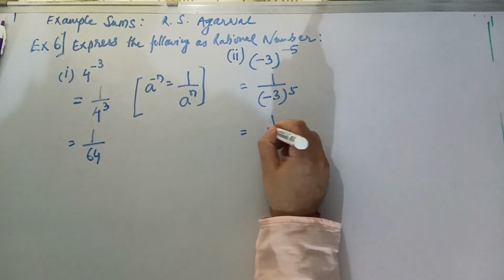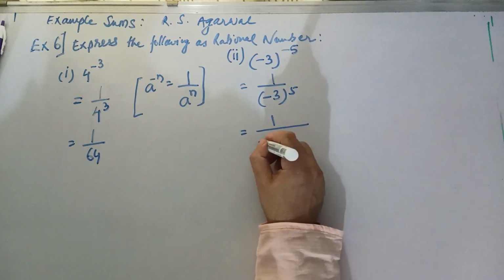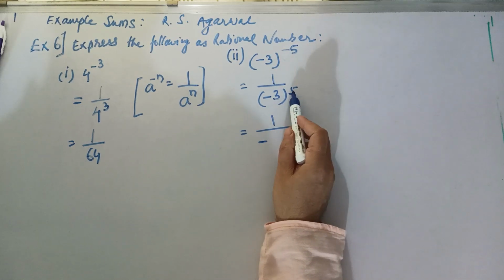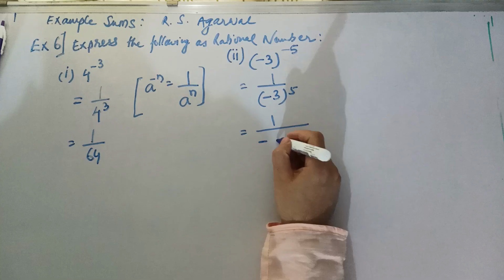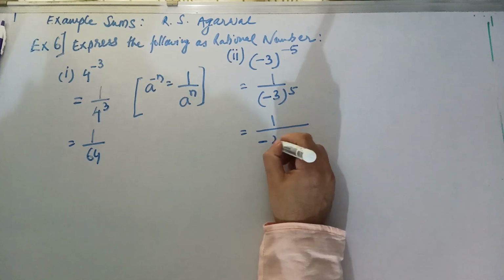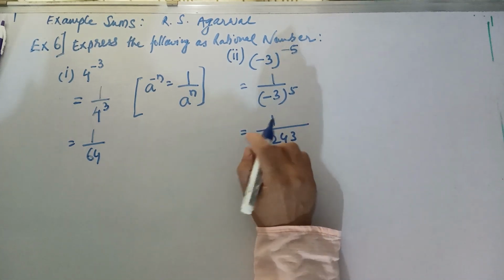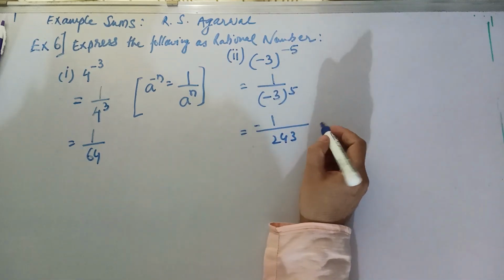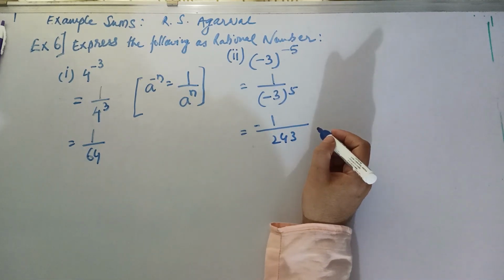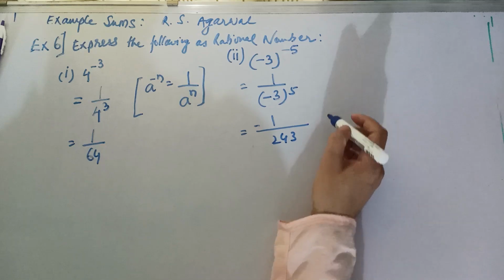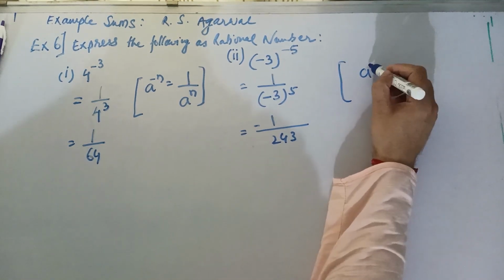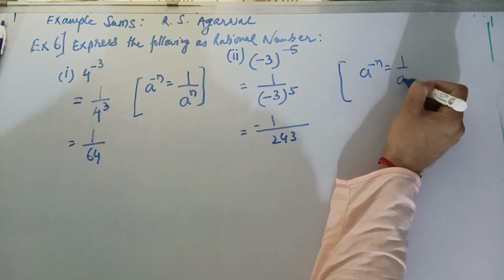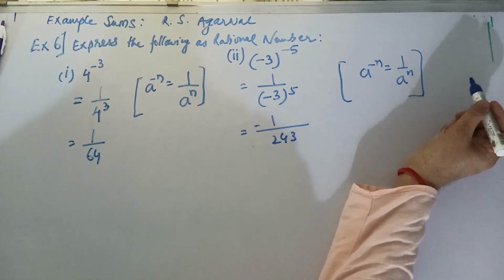So this should be 1 upon, because the base has a minus sign and the power is odd, we'll get 1 upon minus 243, and we can write this minus sign in the numerator. Same law, a raised to minus n is equal to 1 upon a raised to n. This is the law that we have used here.